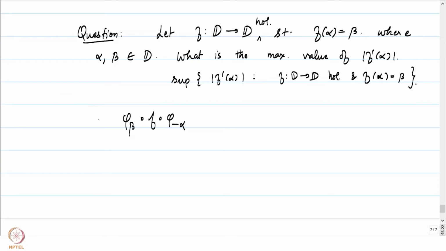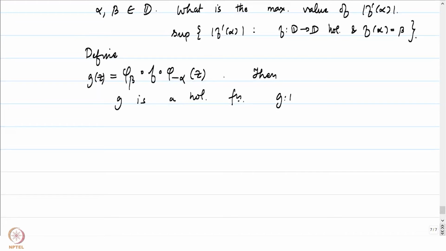So define g of z to be equal to phi beta composed with f composed with phi minus alpha of z. Then g is a holomorphic function because it's a composition of holomorphic functions. g maps D to itself because all these three functions map D to itself, and g of 0 is equal to 0.